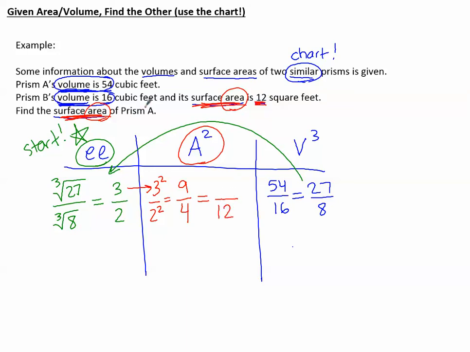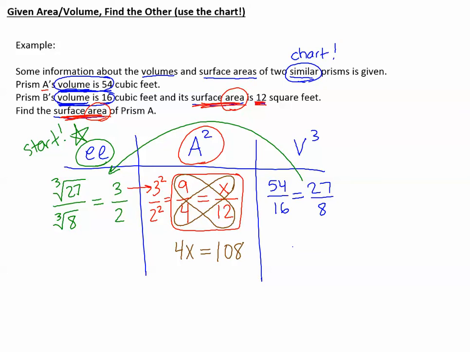Find the surface area of Prism A. Prism A was the one on top, so that's the one we don't know. I'm going to put an X there because I'm trying to solve it. This is the proportion we're trying to solve. Let's go from here. How do I solve a proportion? Cross multiply. I usually pick the one that has the variable in it first. 4 times x is 4x equals 9 times 12 is 108.